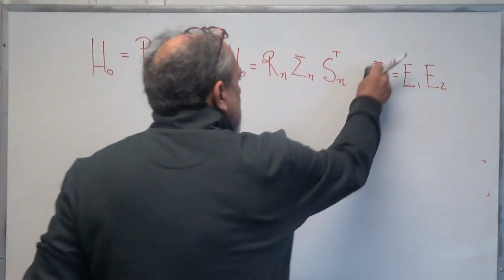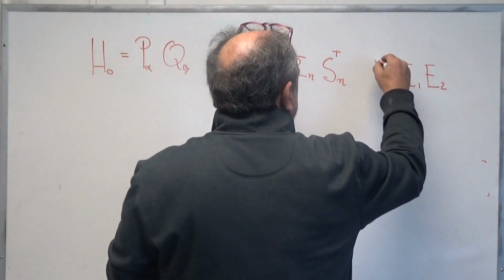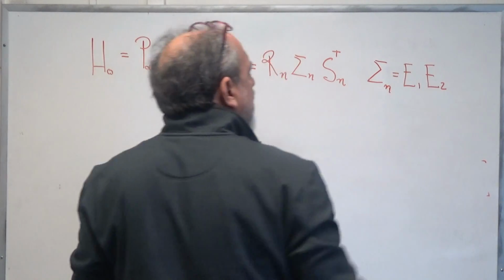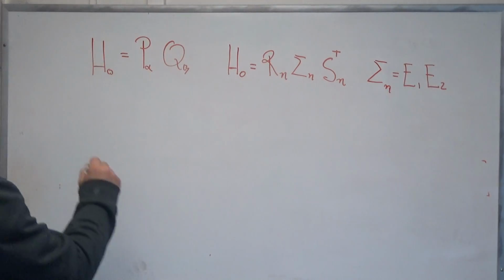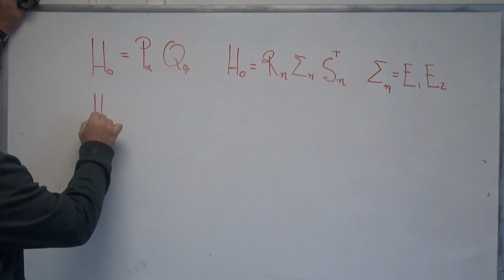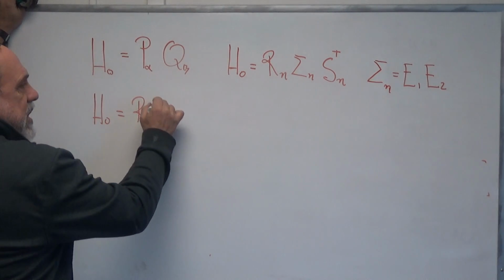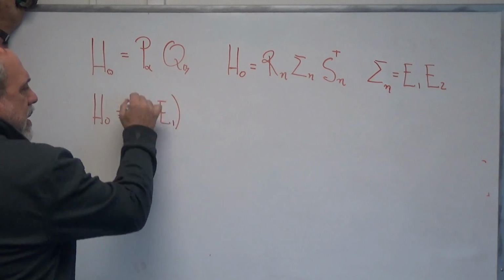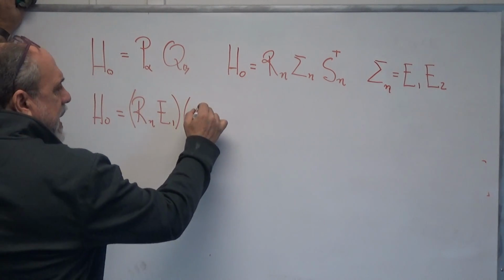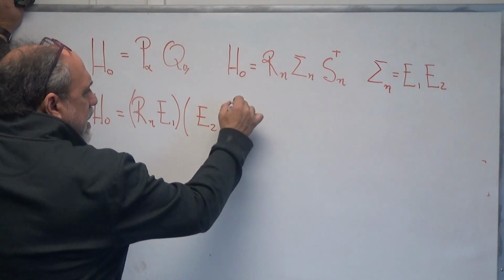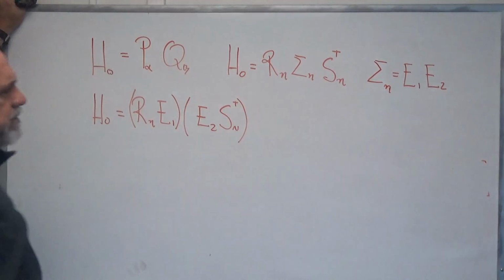These are two diagonal matrices, which then allow me to write that H0 is Rn times E1 multiplied times E2 times Sn transpose.